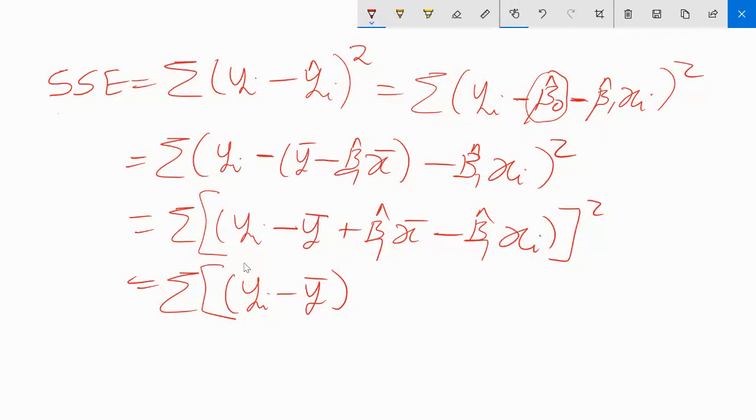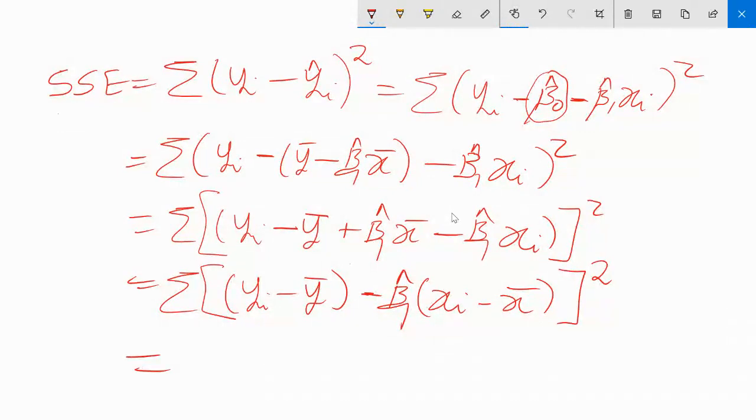Now I want to start with this negative part, so I will take negative beta 1 hat as a common factor, then I have xi minus x bar, all squared.